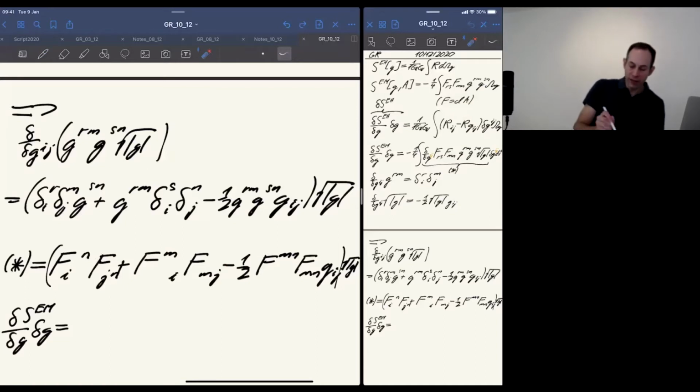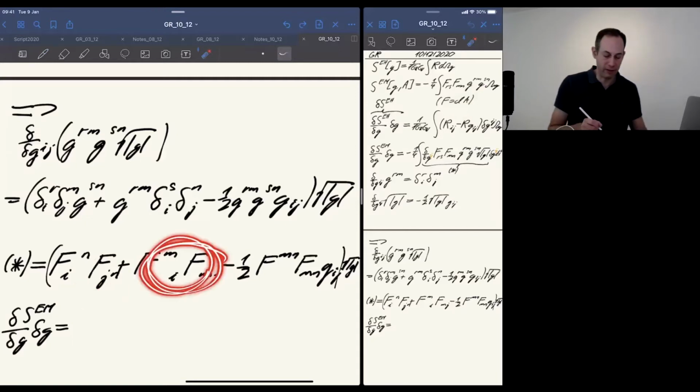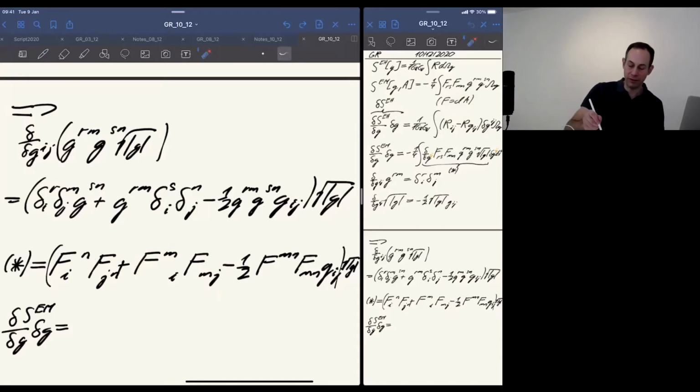So if I change the order of the two indices, I get a minus sign. If I do the same here, I also get a minus sign. But if you change the order of the indices in both the first and second factor, then you get exactly the same as here, except that the summation index was called M instead of N, but that of course doesn't make a difference. So we essentially have twice the same term.